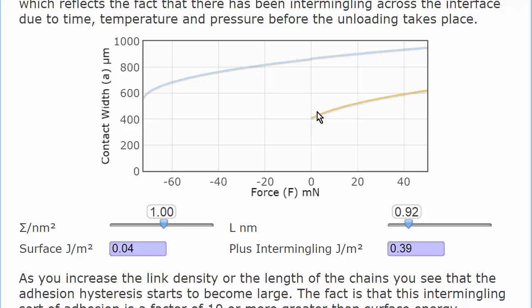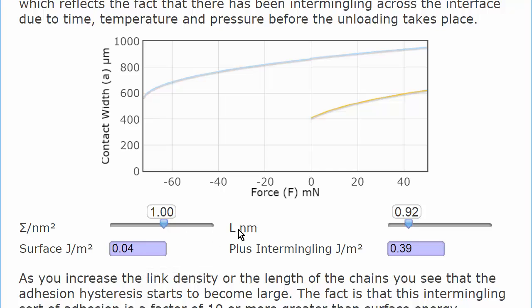I've kept the same material. But if you wait a moment and unload, you find a curve like this. And you have now to go to minus 60 or minus 70 millinewtons before it pops off. And the measured effective energy is now 0.4 joules per meter squared, not the 0.04. So we've got 10 times more.